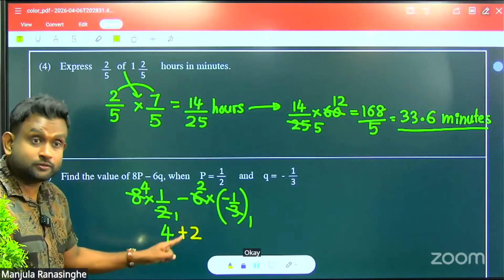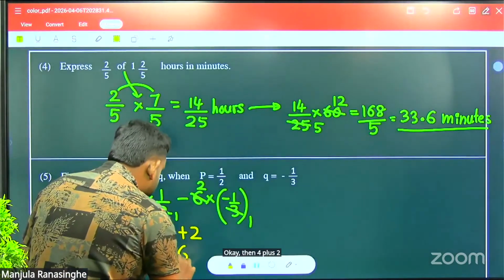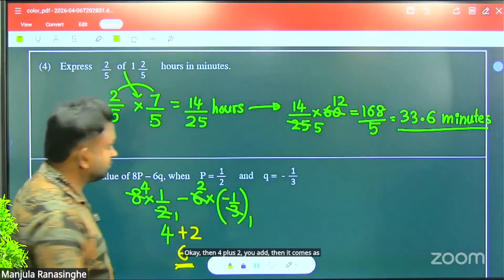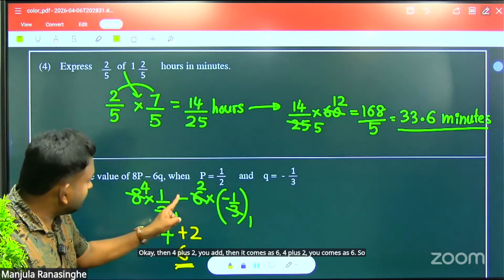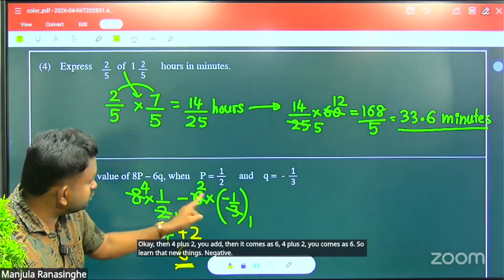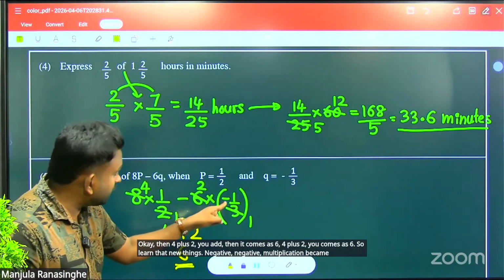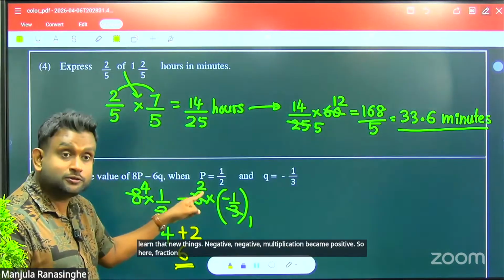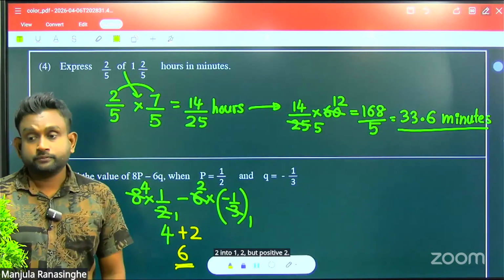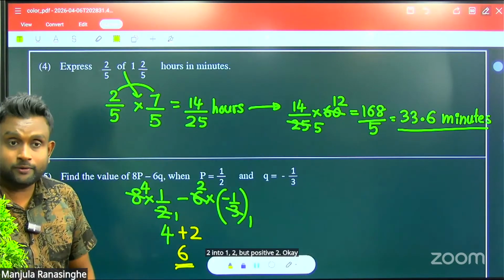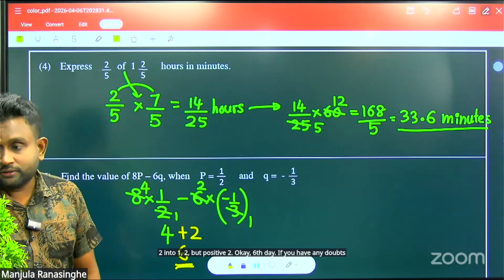Then 4 plus 2, you add, and it comes as 6. Learn this new thing: negative, negative multiplication becomes positive. So the answer is 6. If you have any doubts, any questions, you can ask.